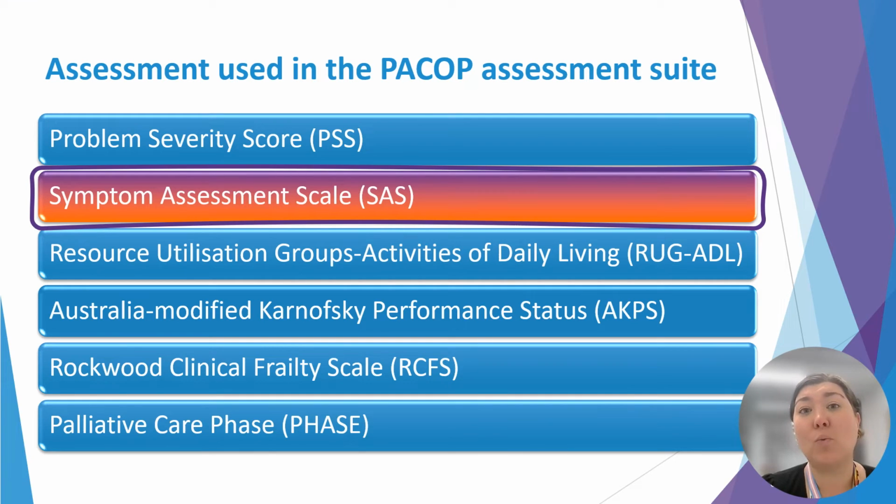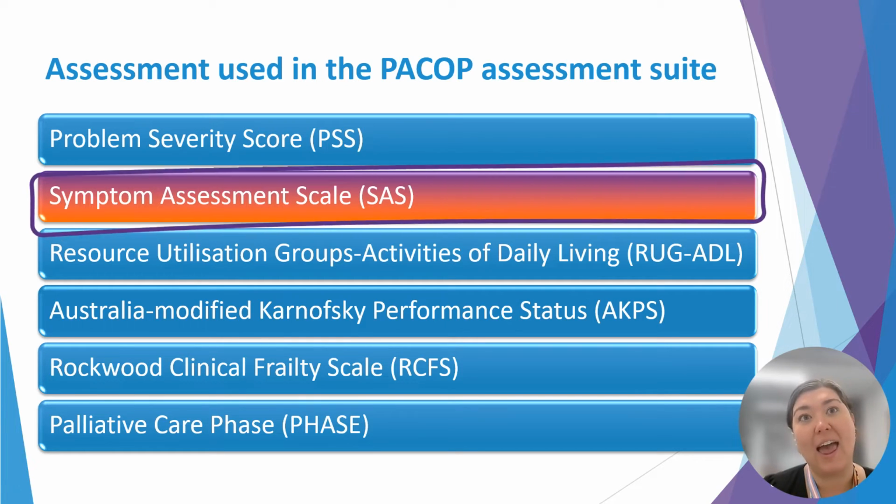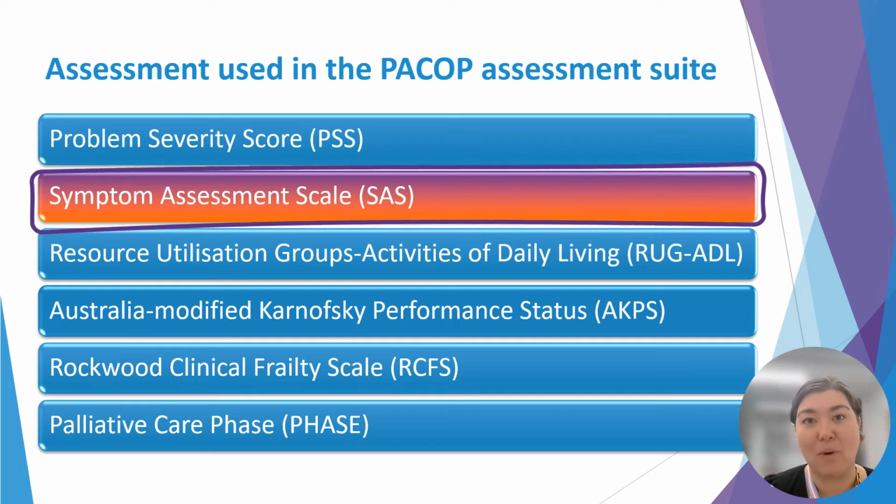Now, there is no widely accepted objective assessment tool for measuring nausea and vomiting in palliative care other than the symptom assessment scale. Because nausea is something that must be self-assessed by a patient or a resident, us as care workers and nurses and healthcare professionals, we can't actually feel how sick or how nauseated someone feels.